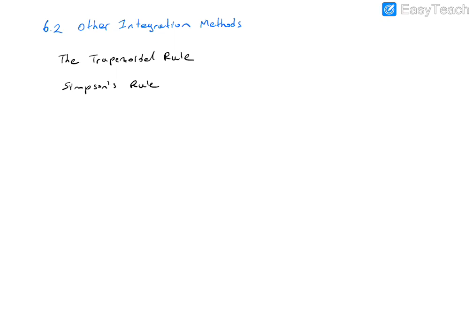The trapezoid rule and Simpson's rule provide a more efficient approximation, in the sense that fewer terms must be summed to achieve the given accuracy. So in this method, using, for example, 20 subintervals, not rectangles, because we don't use rectangles, but 20 terms, we can find a better approximation.